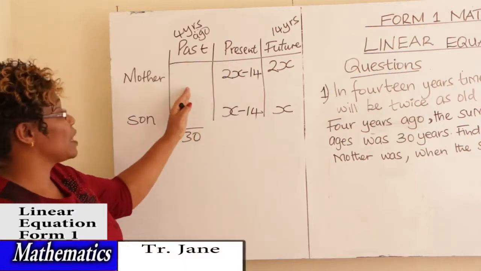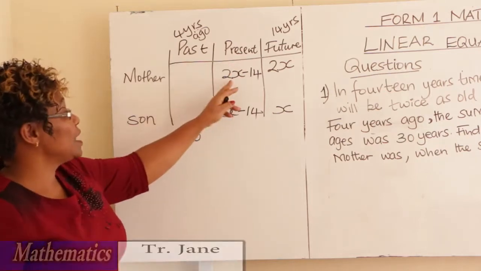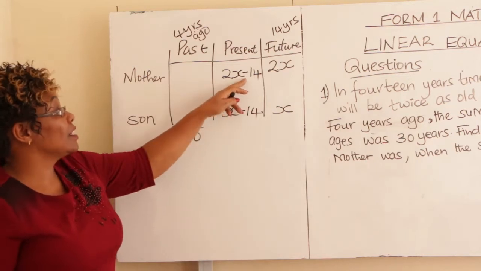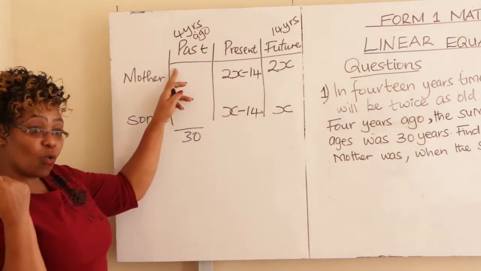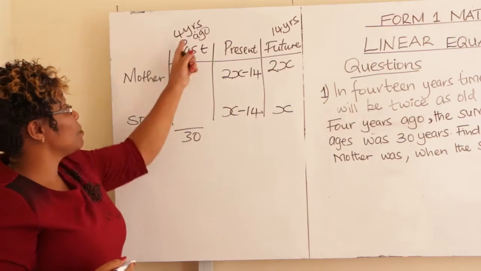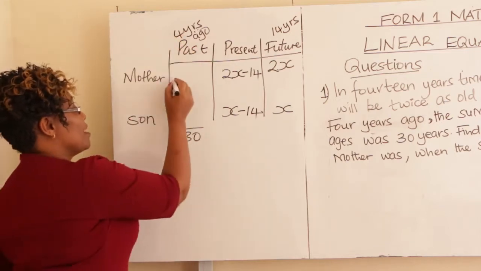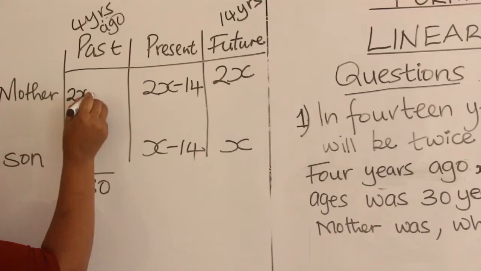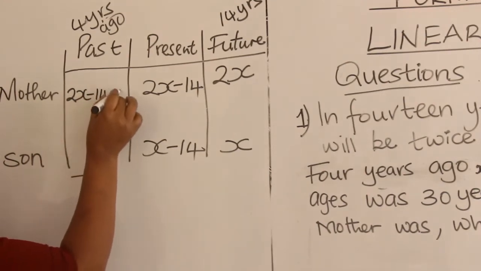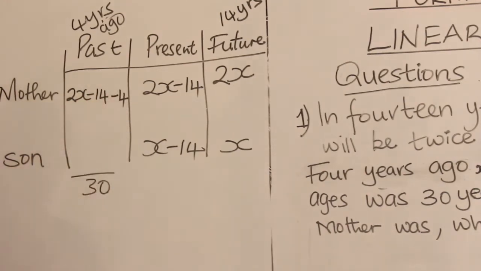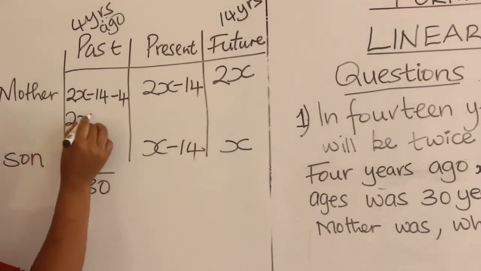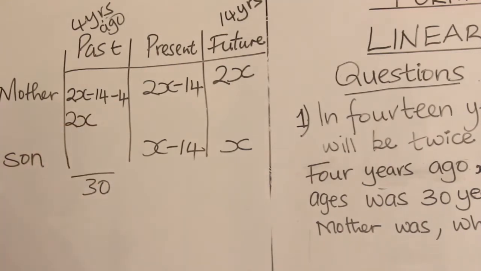Then you now go to the past here. If today the mother is this old, what about 4 years ago? You subtract 4 years. And therefore the mother will be 2X minus 14 minus 4, which gives minus 18.